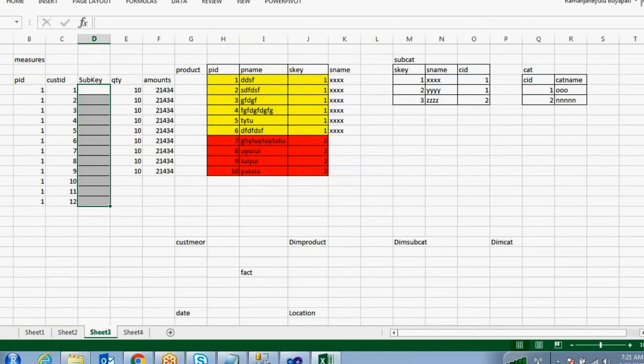You already have the relationship. You can join product ID with product ID, subcategory with subcategory key, and category with category ID. So here you just maintain, for each product, which subcategory it belongs to.